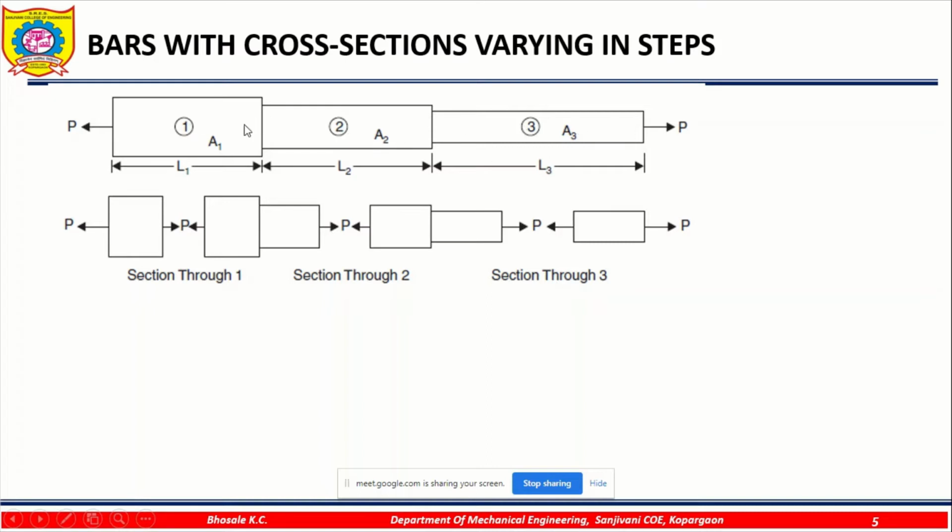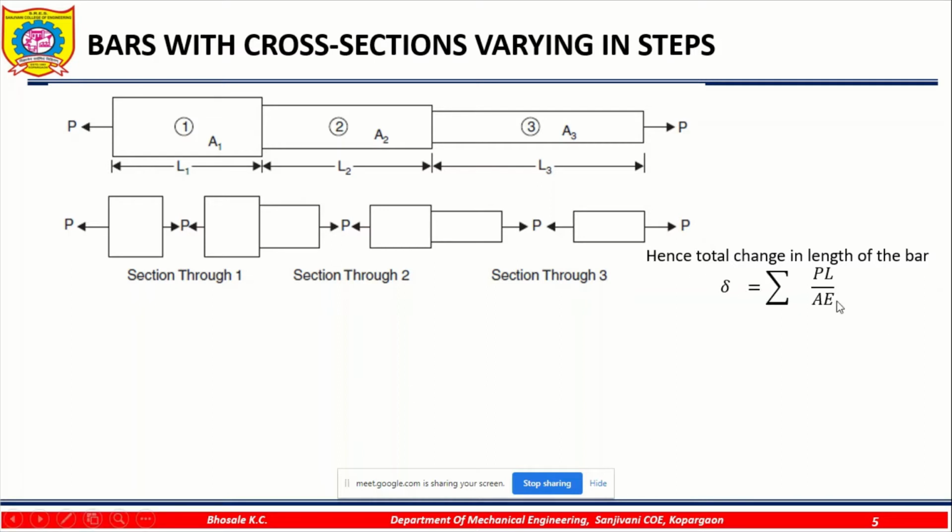It may be possible that we apply a load at part number 2 also. In that case we have to use the principle of superposition and then find out the delta L. When we add all the changes in length, we get the total change in length.